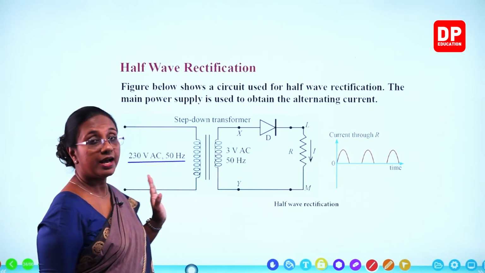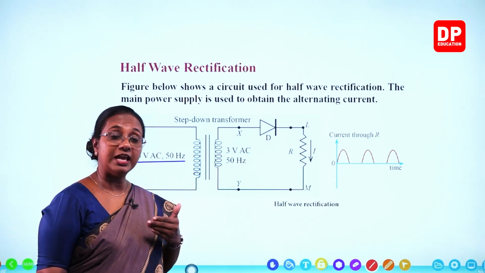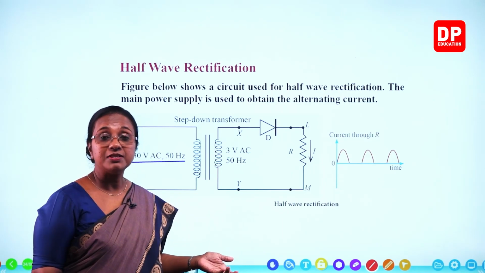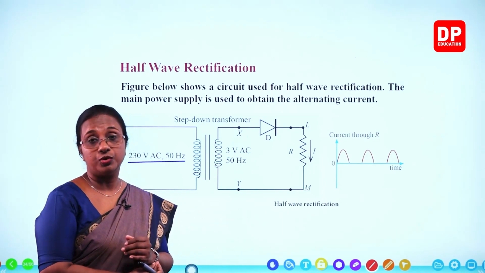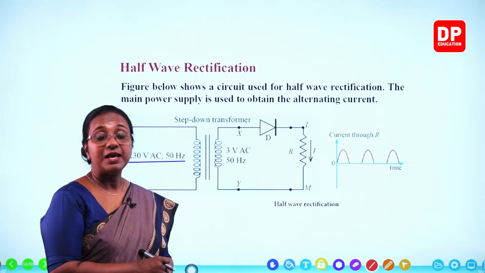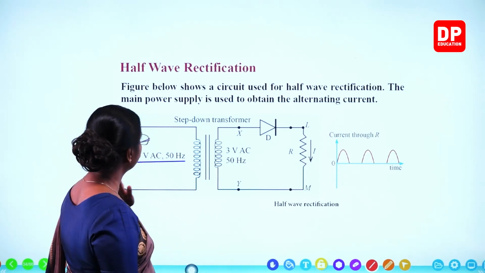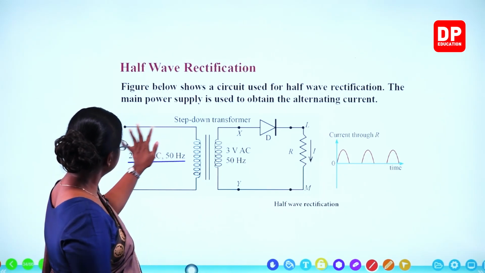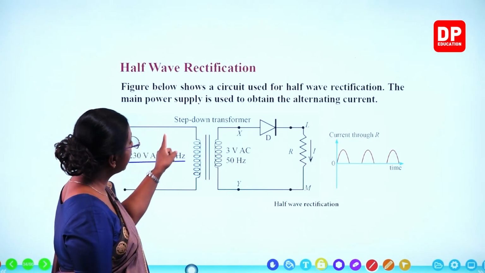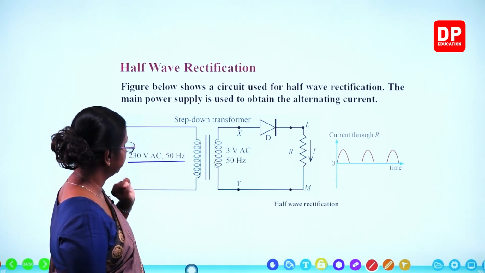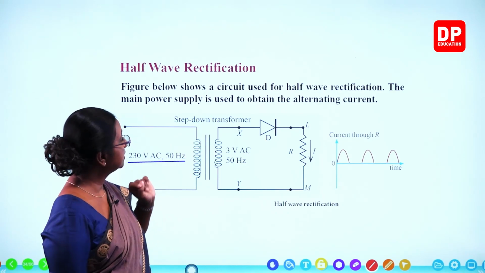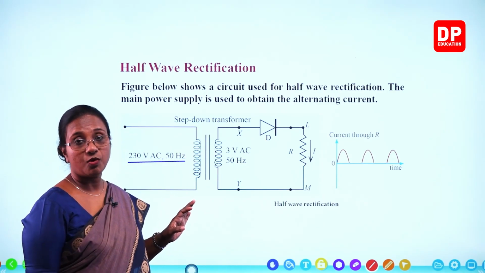So this is what I told you all before also. What we get from the national power supply to the household, from the power supply grid, the national grid to the households. So that is taken here. Then look at this symbol. That is a step-down transformer.